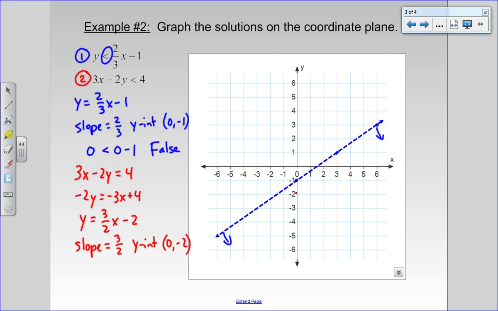So we start at the y-intercept and then count up 3 and to the right 2 to find some more points. Again, we have a less than symbol in the inequality, so those points are not solutions, so we'll draw a dashed line for our boundary line.